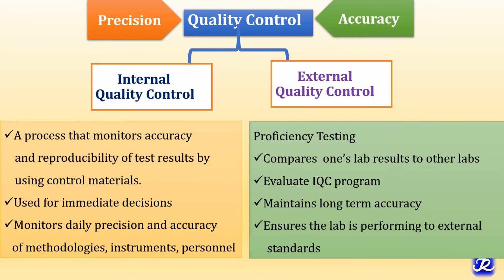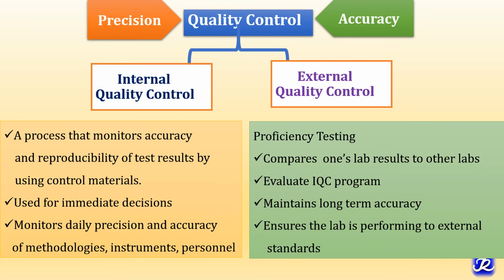So let us summarize quality control. It is very important for maintaining accuracy and precision in the analytical system, because it is important for producing accurate results for the proper diagnosis and prognosis of patients. Quality control is of two types: internal quality control and external quality control. Internal quality control is carried out with the help of quality control material, which can be normal and abnormal, and it is a daily process.